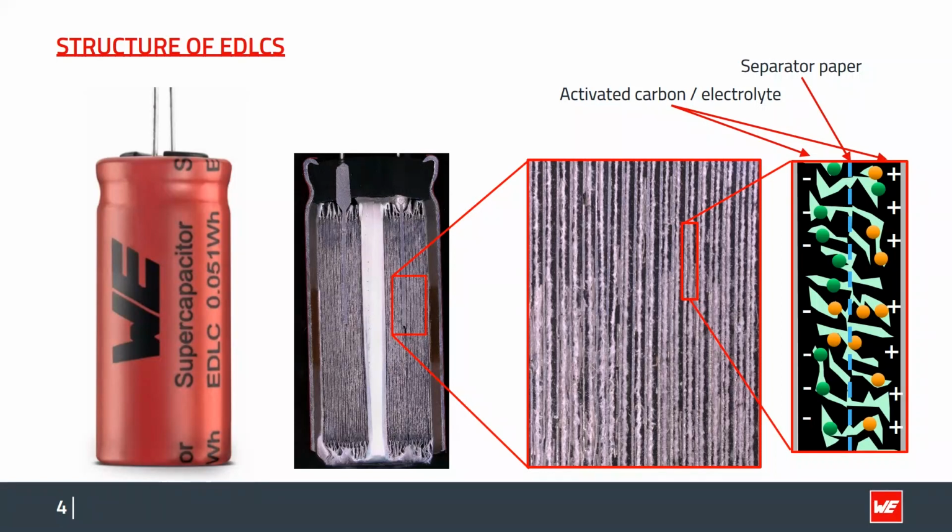Both the anode and the cathode are then separated by a separator paper, which however does not contribute to any capacitance. It is just there to insulate both electrode sides.